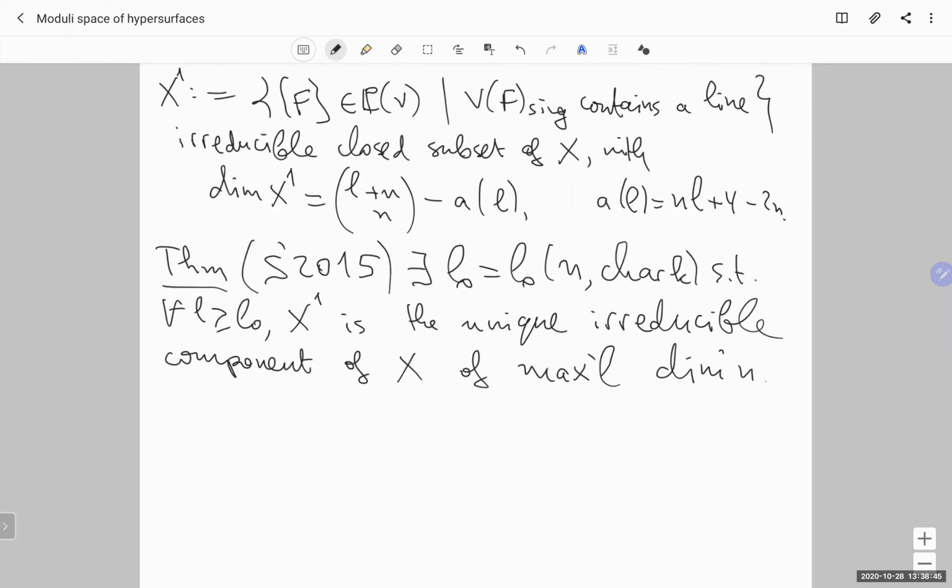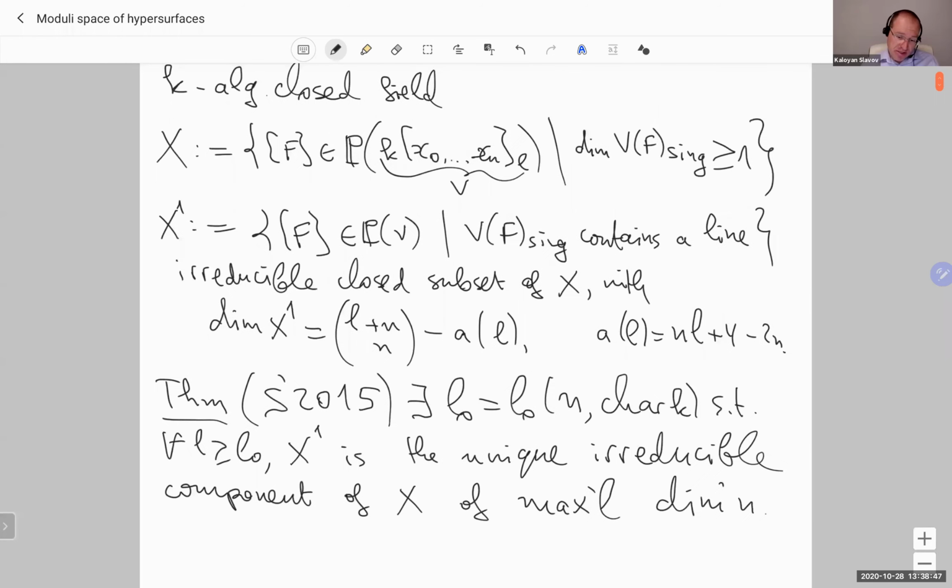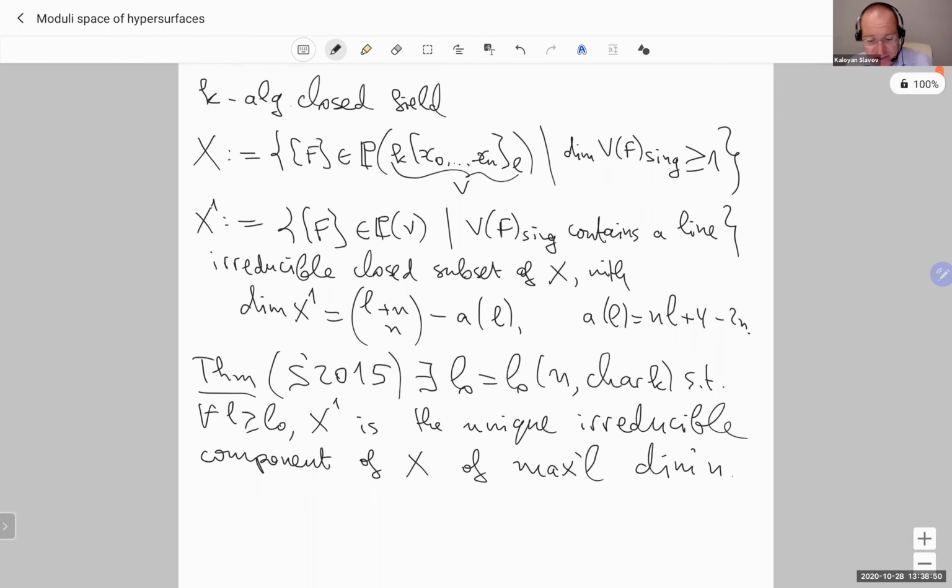Also, I should say, we also have a statement where instead of dimension of the singular locus greater than or equal to 1, we can say dimension of the singular locus greater than or equal to any positive integer that you like. And then you have to look at hypersurfaces containing a linear subspace of that dimension. And also we have a statement about the second largest component.